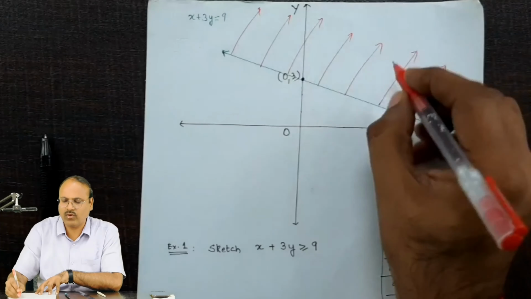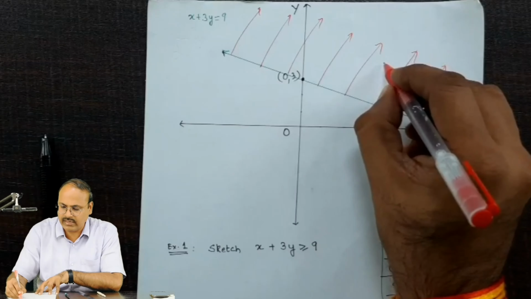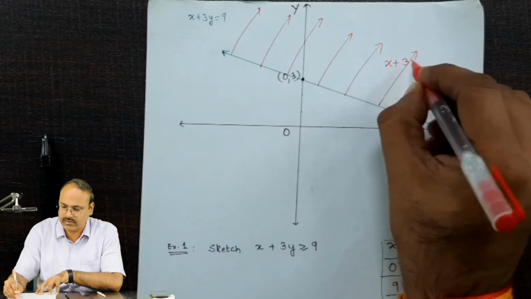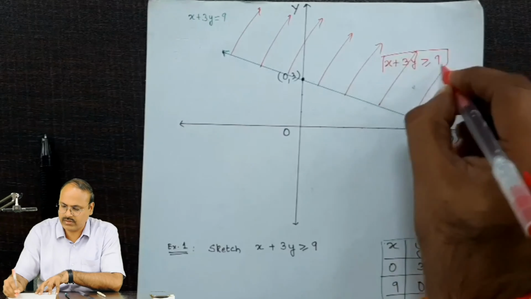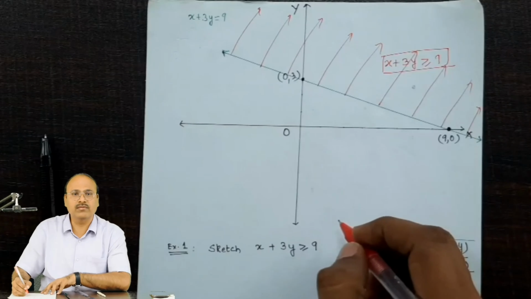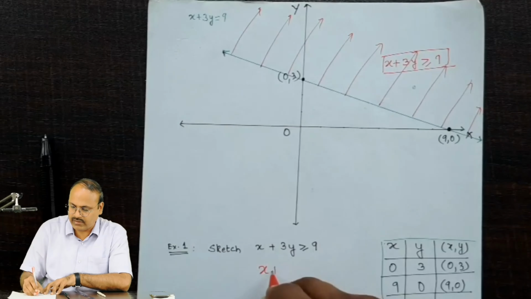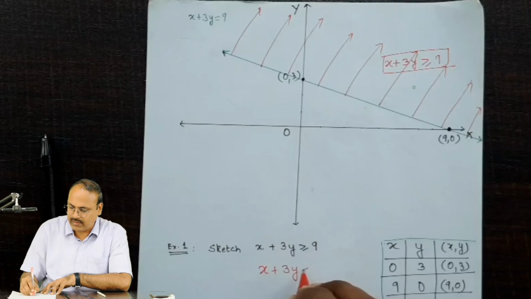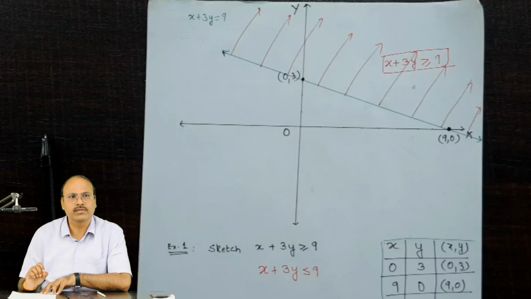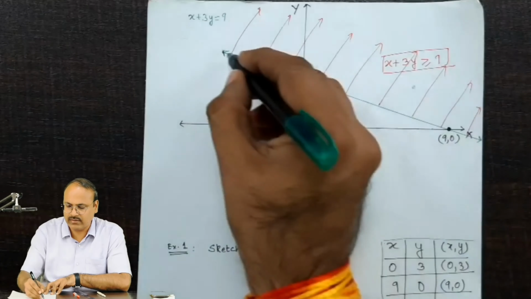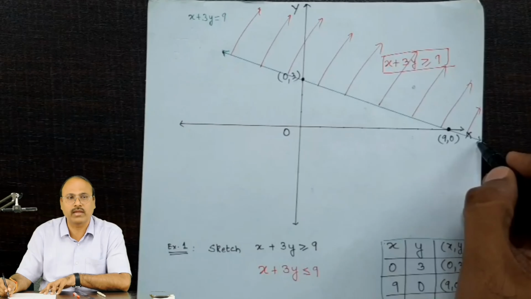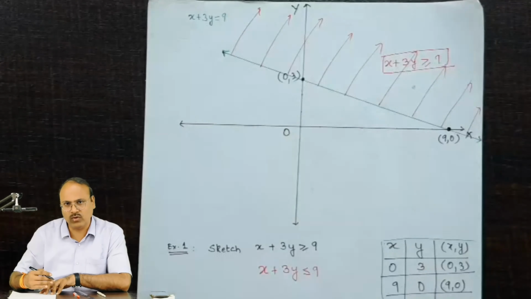So this which I have drawn with the red color is the region representing x plus 3y greater than or equal to 9. This is the sketch of that. Had I asked for x plus 3y less than or equal to 9, what would be the sketch of that? The line is x plus 3y equal to 9, and less than means below the line.